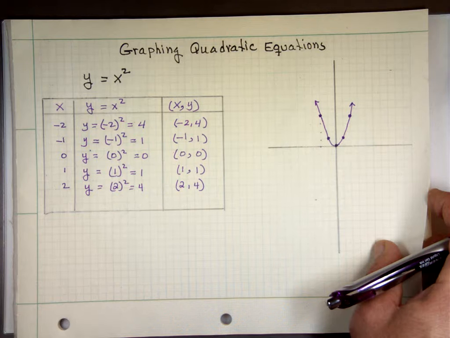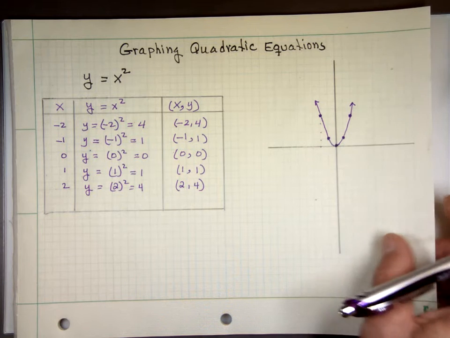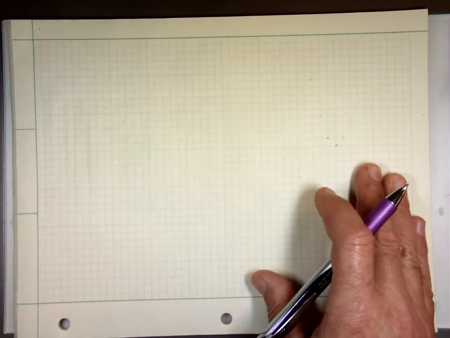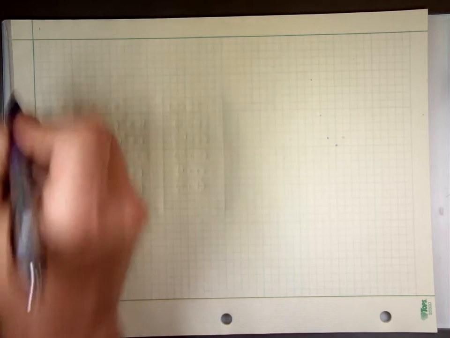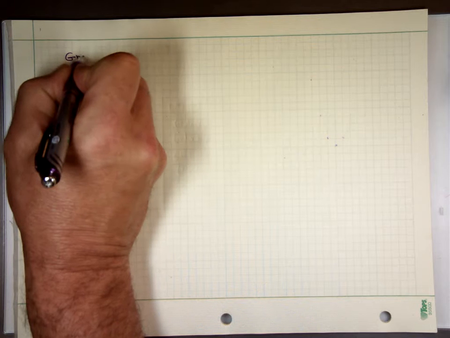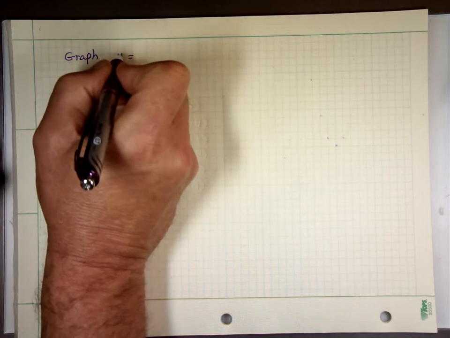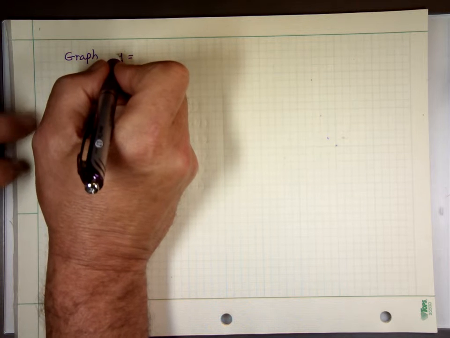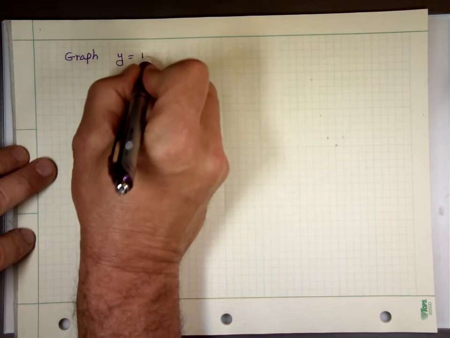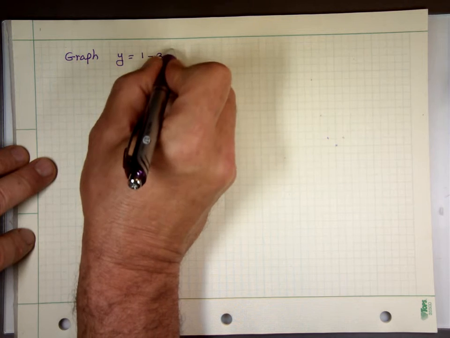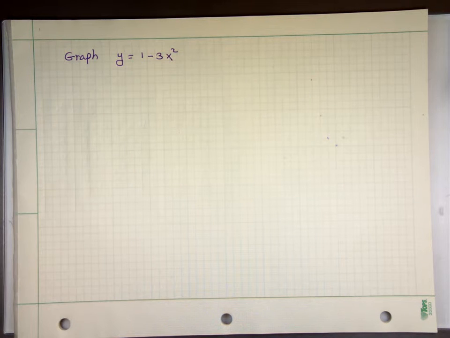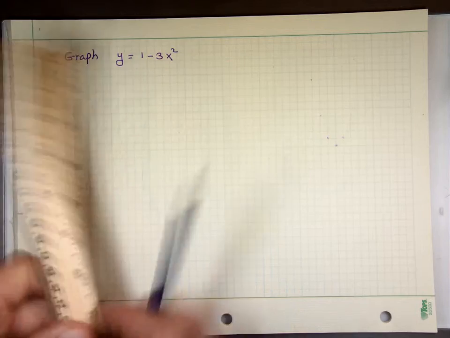Let me try another one. Let's graph y equals 1 minus 3x squared. Again, make a table.